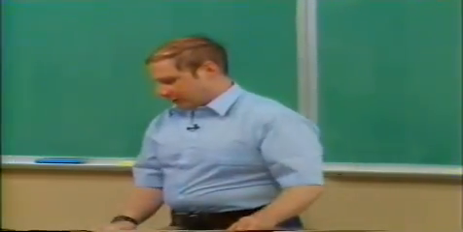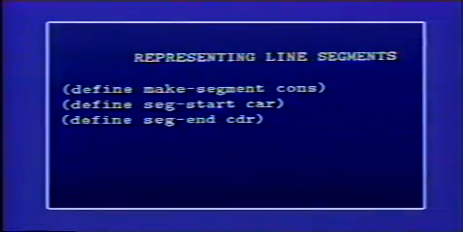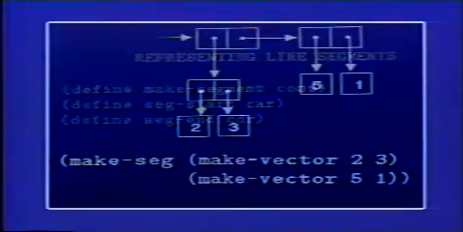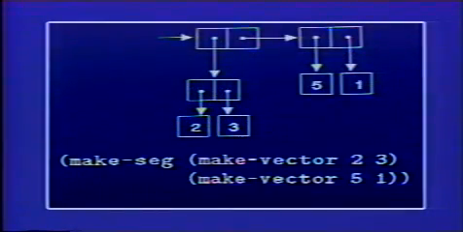So again, we can represent line segments. We can make a constructor that makes a segment using cons, selects out the start of a segment, selects out the endpoint of a segment. And then if we actually look at that, if we peel away the abstraction layers and say, what's that really as a pair of pairs?